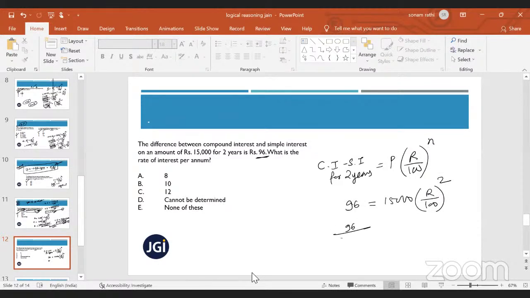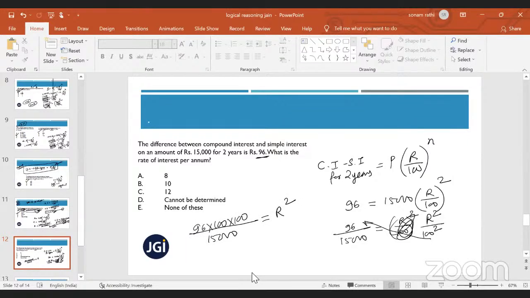So 96 upon 15,000 is equal to R by 100 to the power 2. Okay, let's open this. So this is R square upon 100 square. 100 square will go on this side. So 96 into 100 by 15,000 is equal to R square.